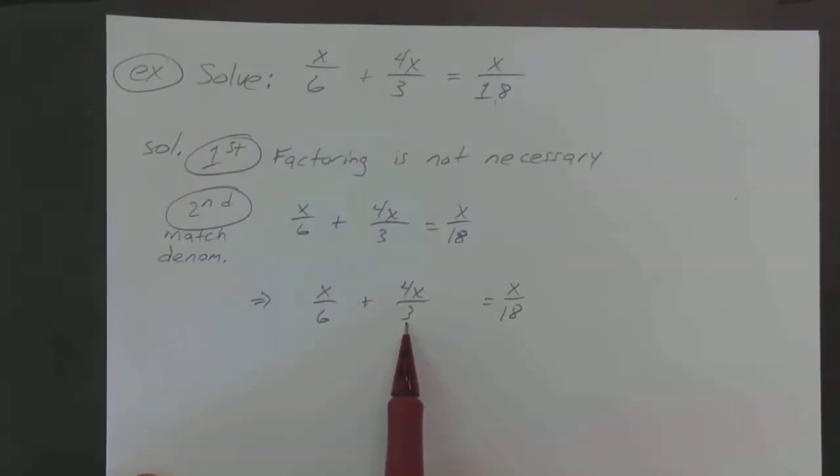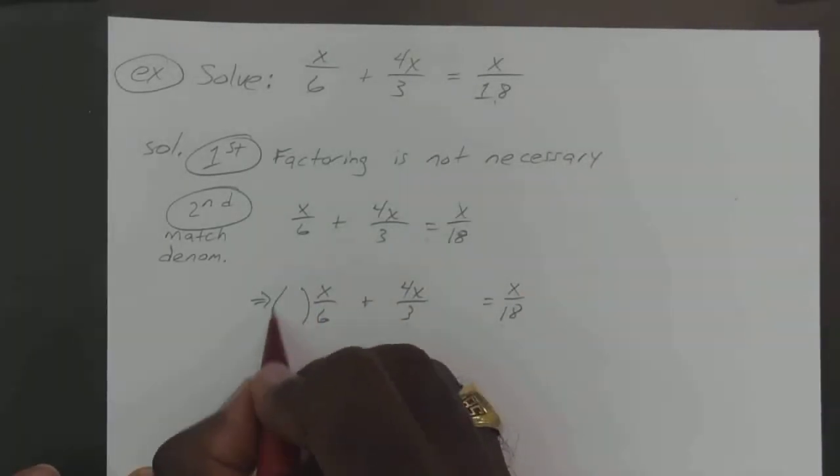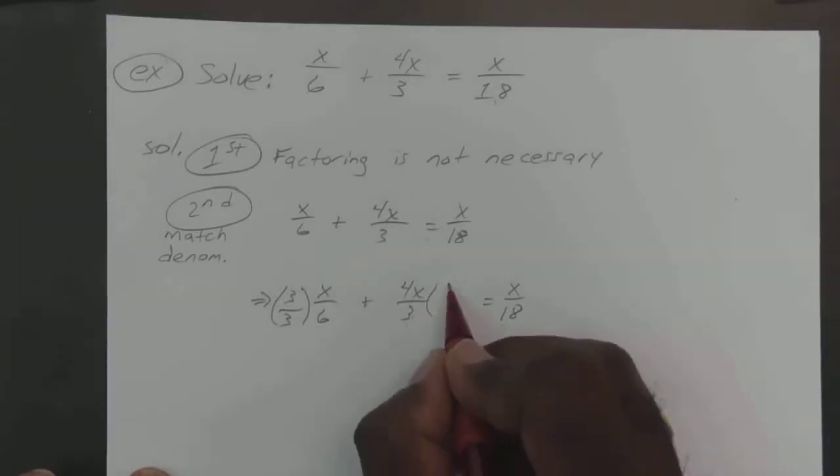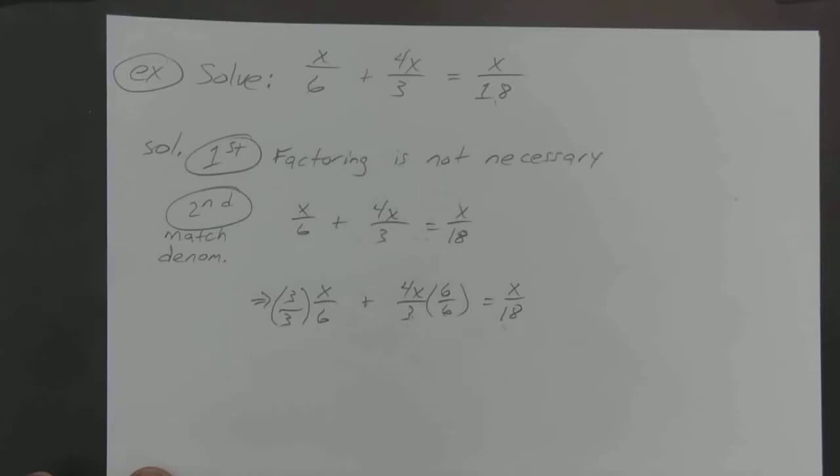You can turn 6 and 3 into 18. If you multiply 6 times 3, you can make it 18. If you multiply 3 times 6, you can make it 18. And 18 is already 18, so you don't have to do anything with that one.